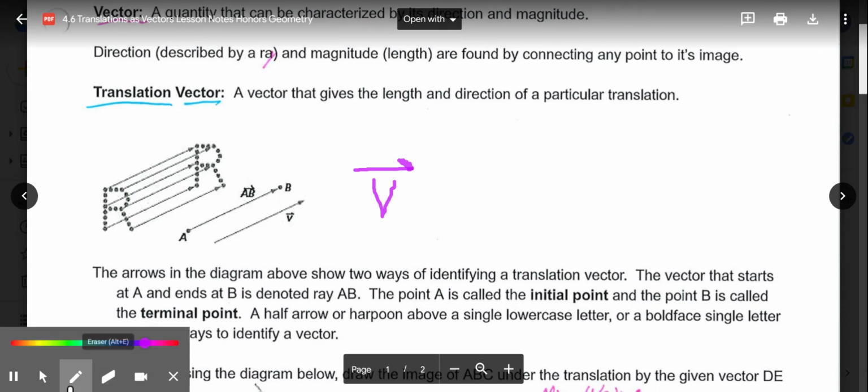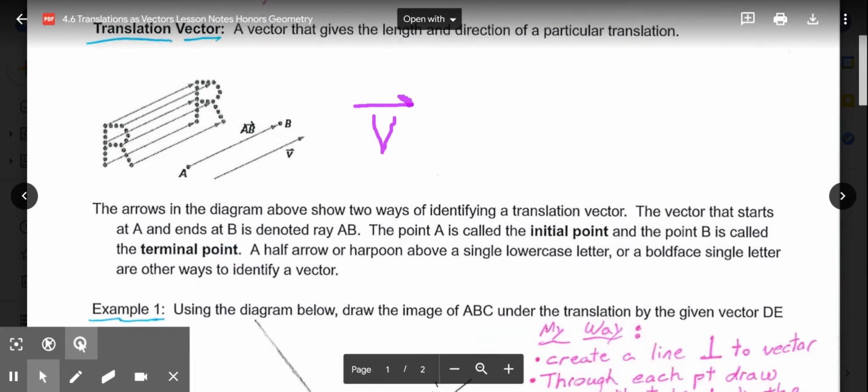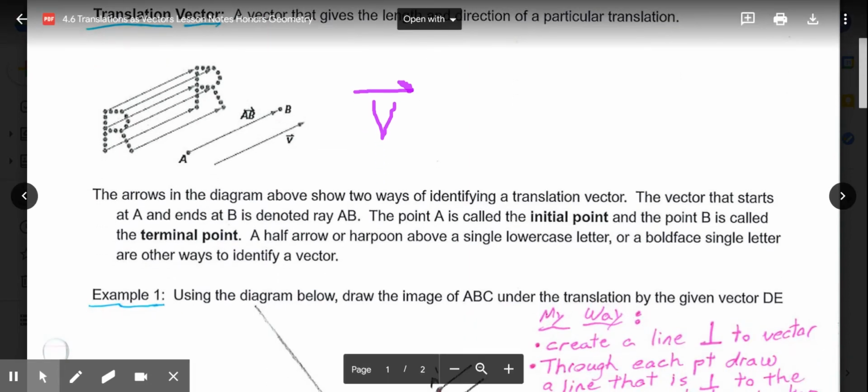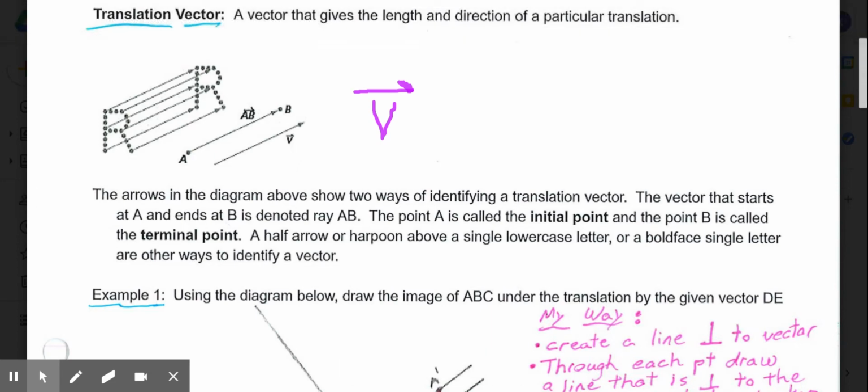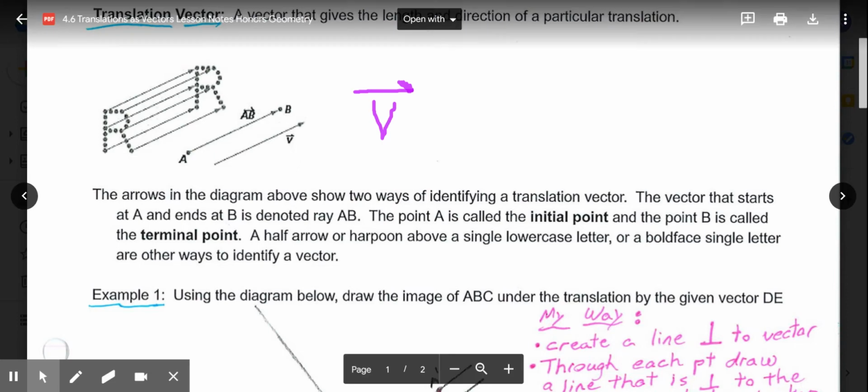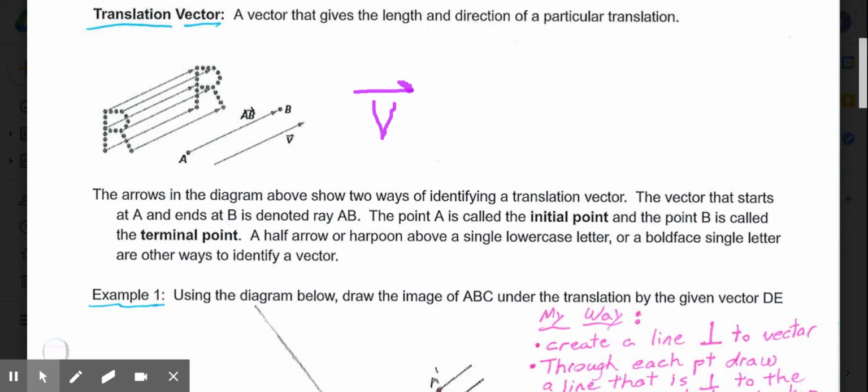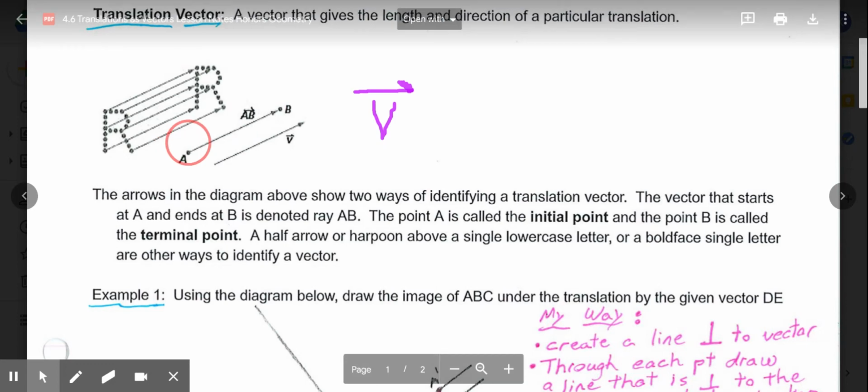So let's look at that a little bit closer as it states here. If we're looking at these diagrams, the arrow in the diagram above shows two ways of identifying a translation vector. The vector that starts at A and ends at point B is denoted ray AB. So the ray AB is one way to show this vector.